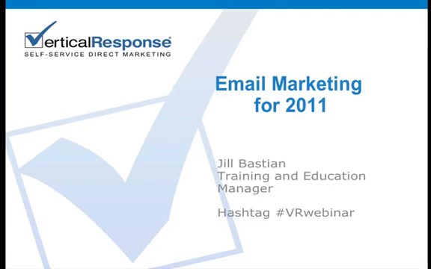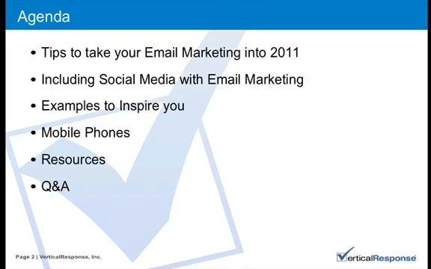So with that, let's go ahead and get started. This is the agenda that we're going to go through today. I'm going to go over some tips on changes you can make to the emails you're doing right now to bring them into 2011. I'm also going to include a little information on including social media in your email marketing. Hopefully all of you are doing social media at this point. We've done lots of webinars and blog posts and guides and all kinds of things related to social media, so hopefully you're all doing that now.